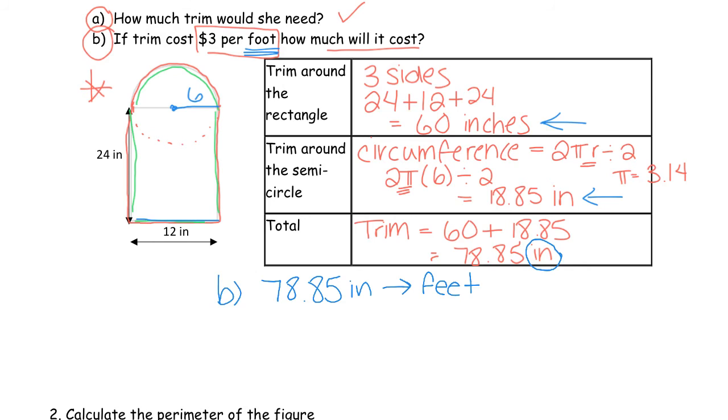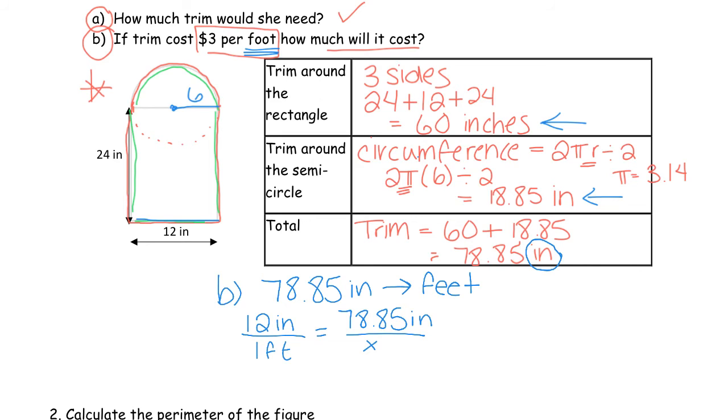Okay, so we know that there's 12 inches in 1 foot. And so if we have 78.85 inches, we want to know how many feet that's going to be. Again, we could cross multiply, or we could think about it as just dividing those inches into portions of 12. So taking that 78.85 inches, dividing it by 12 to see how many feet we have.